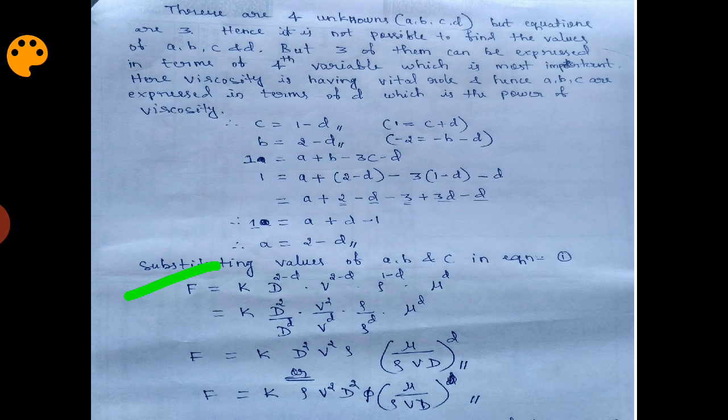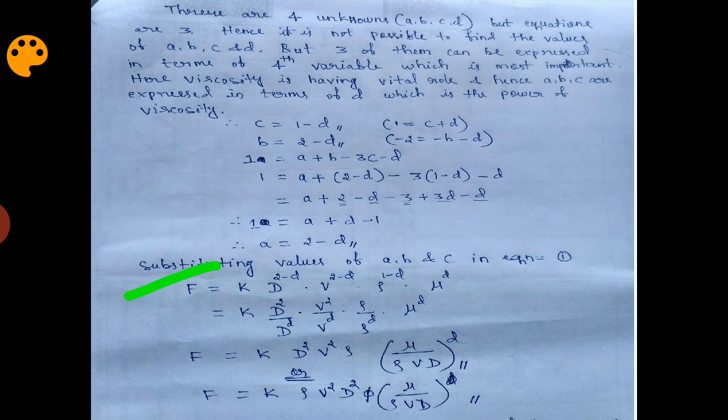So substituting the values of a, b, c in terms of d in equation number 1, we will get f is equal to d raised to a. In place of a it will be 2 minus d, in place of b it will be 2 minus d, v raised to 2 minus d, rho raised to 1 minus d, and mu raised to d as it is. On simplification, we'll get d square by d raised to d, v square by v raised to d, rho divided by rho raised to d, and mu raised to d.